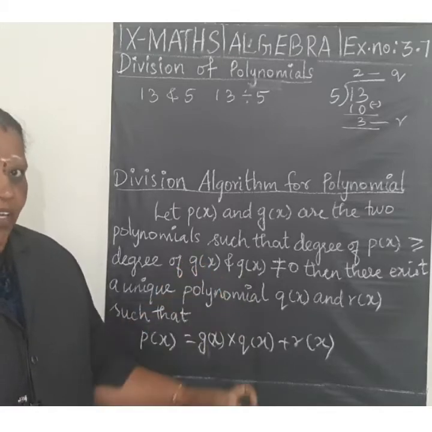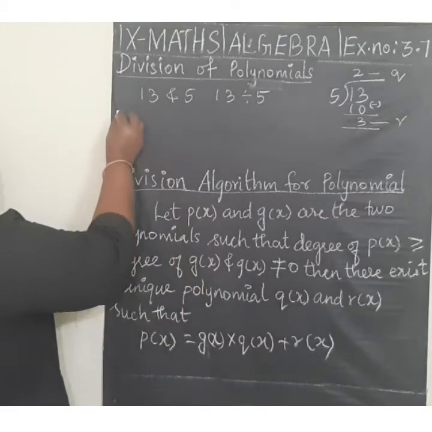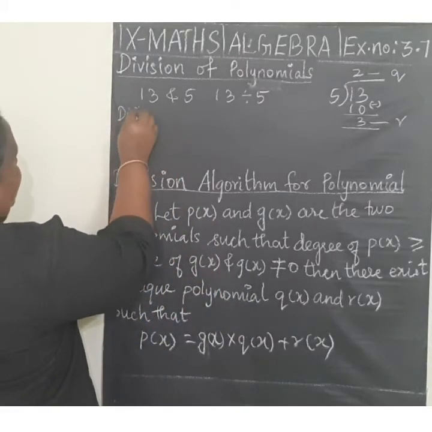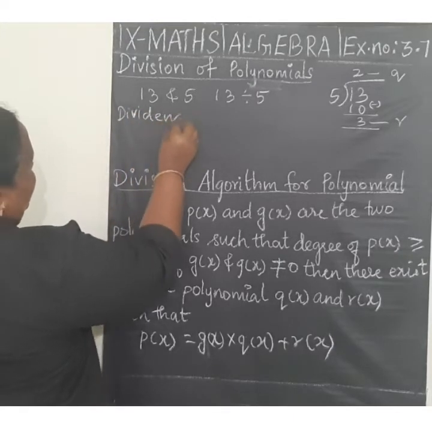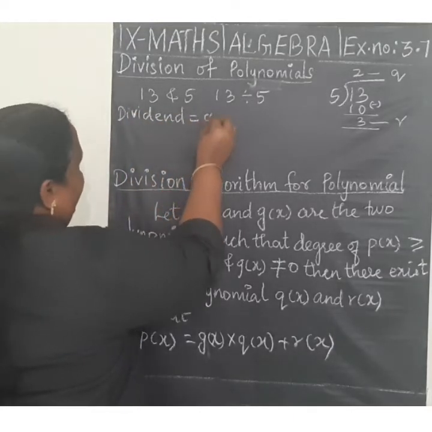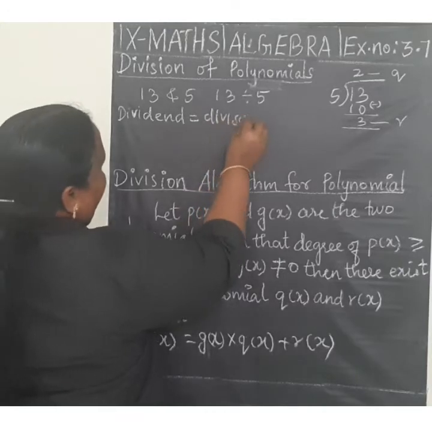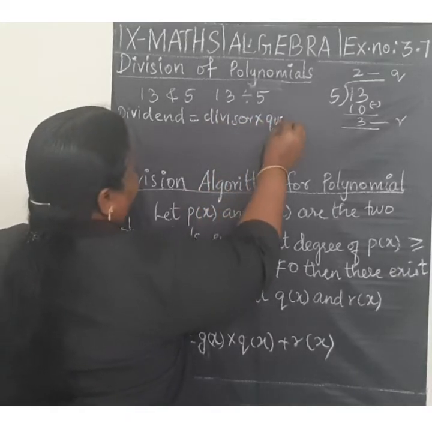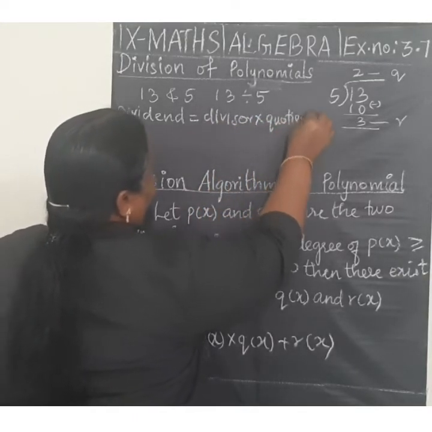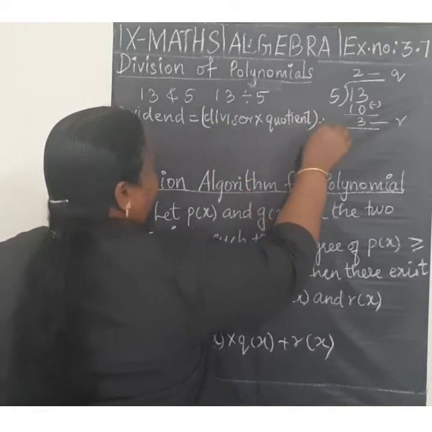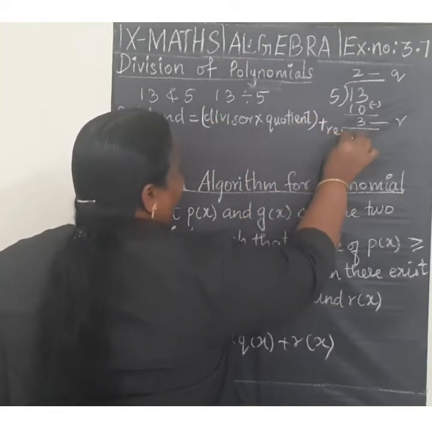There is a formula: dividend is equal to divisor into quotient plus remainder.